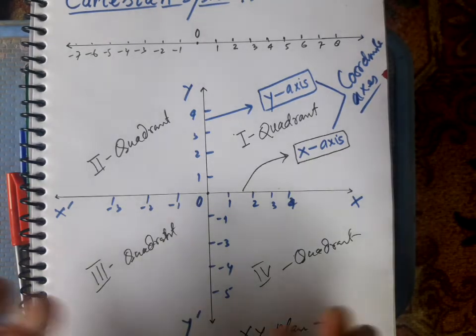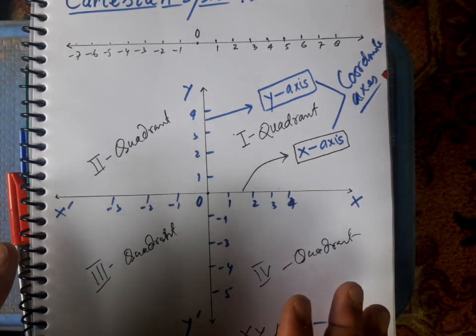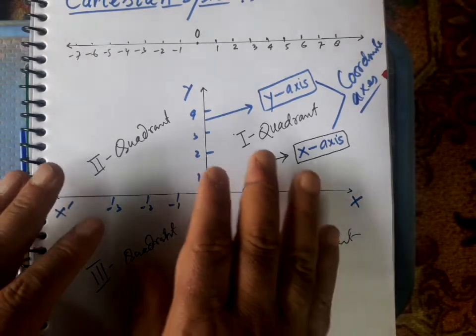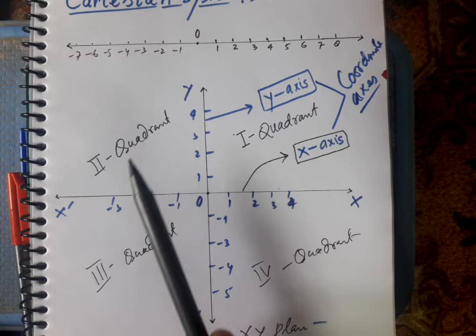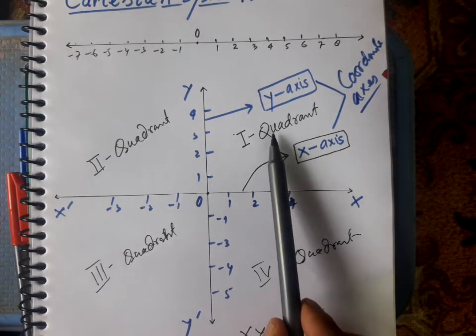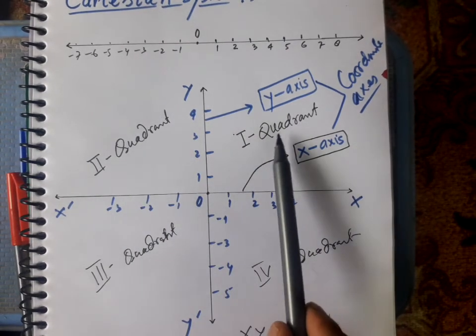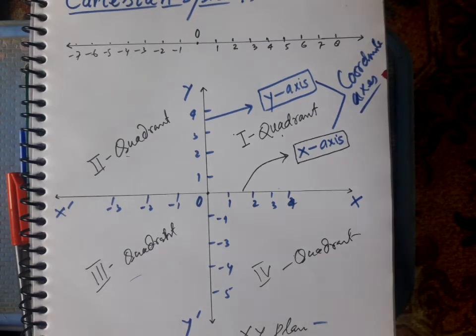The plane gets divided into four parts by the two coordinate axes. Each part of the plane is called a quadrant. So in this way we have four quadrants in the xy plane. We name them in the anti-clockwise direction as first quadrant, second quadrant, third quadrant, fourth.